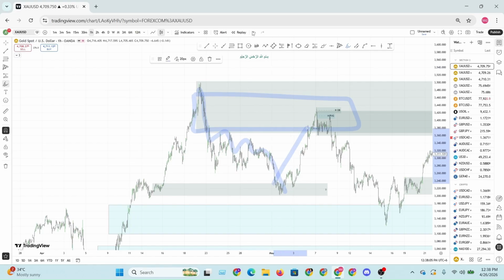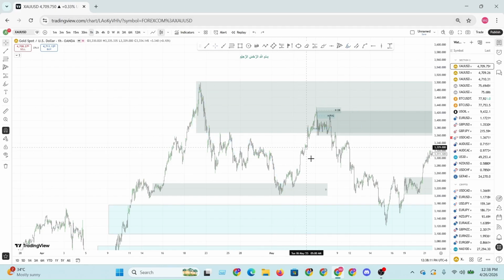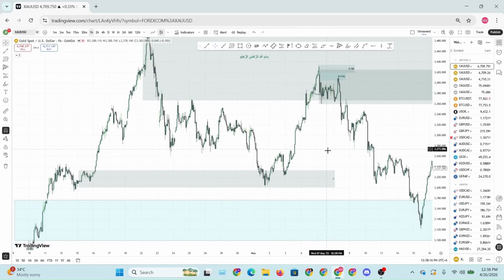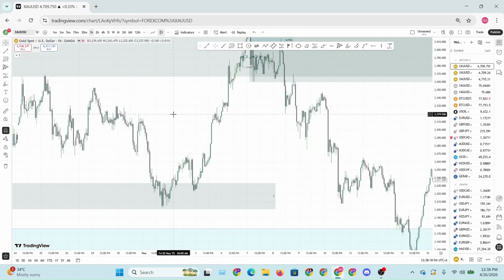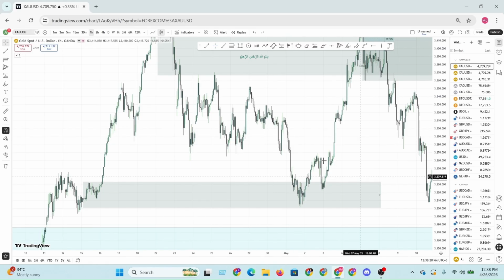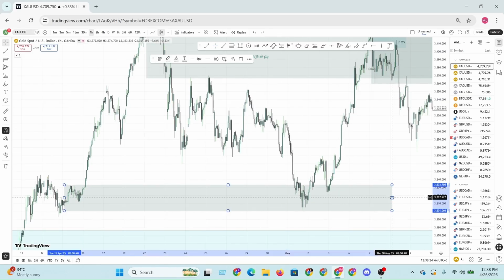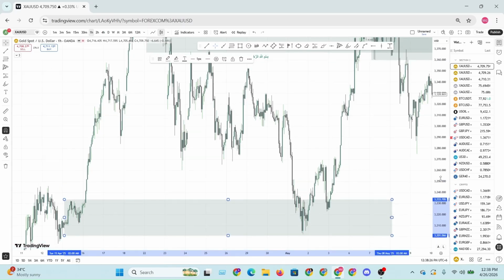So for this we will look for a confirmation, because we don't know whether it will go or not. So let's first take a confirmation. This is an order block, daily PY.